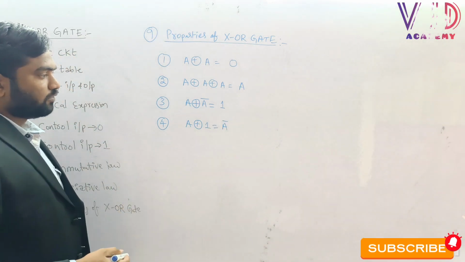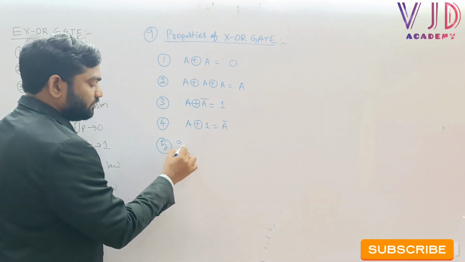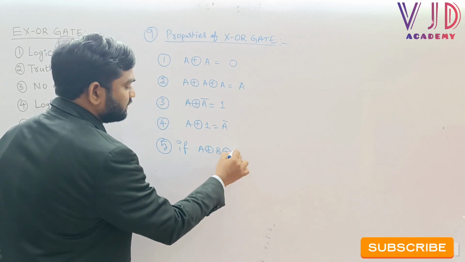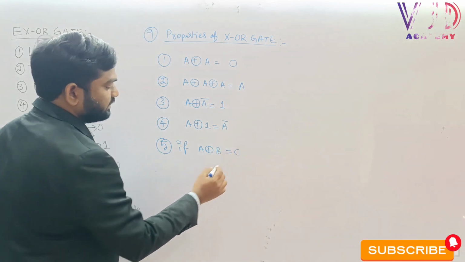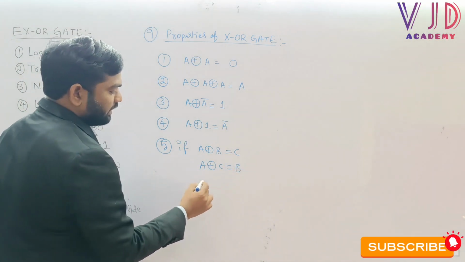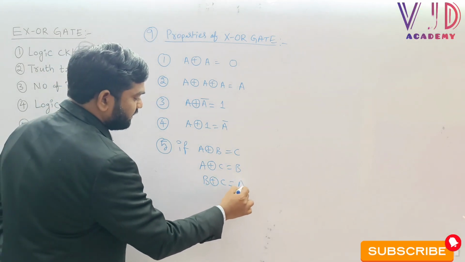These are the four conditions. The fifth one is, if A XOR B equals C, then A XOR C equals B, and B XOR C equals A.